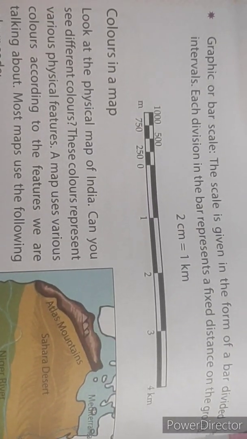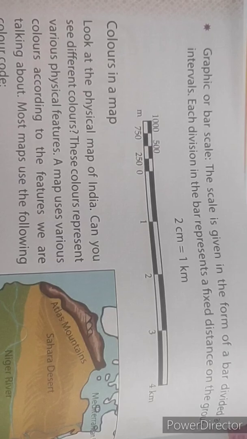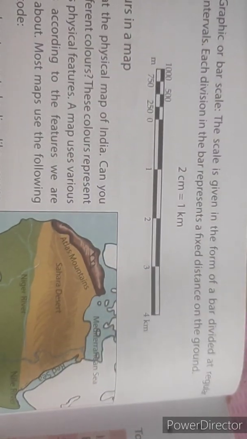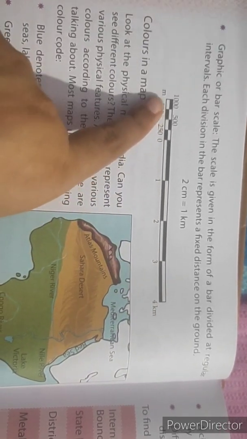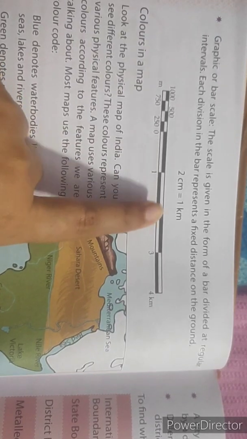Another is graphic or bar scale. You can see here, this is the bar scale. What is the bar scale or graphic scale? The scale is given in the form of a bar divided at regular intervals, 1, 2, 3, 4, like this.